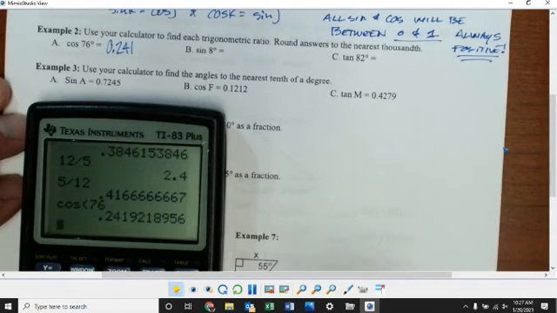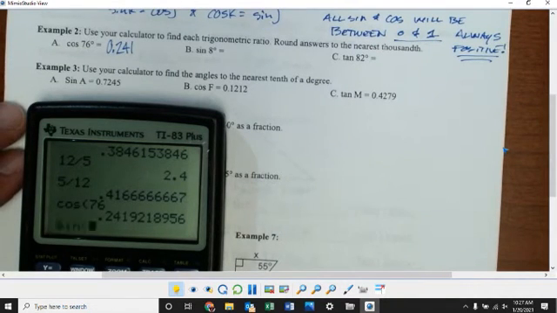That is the cosine ratio of 76 degrees. So what that means is any right triangle that has a 76-degree angle, the adjacent side divided by the hypotenuse will equal 0.24. All right, it always follows the same ratio.